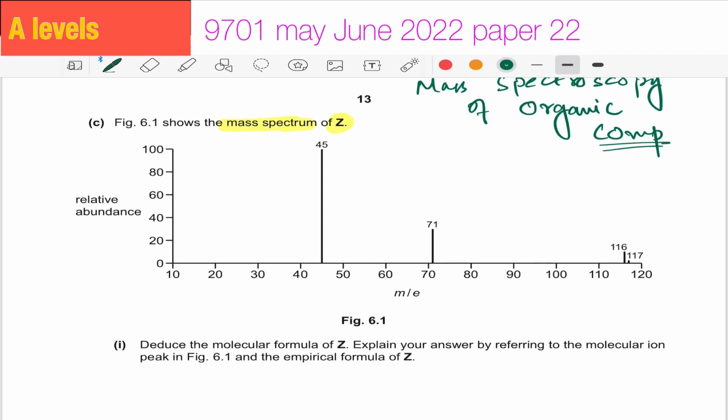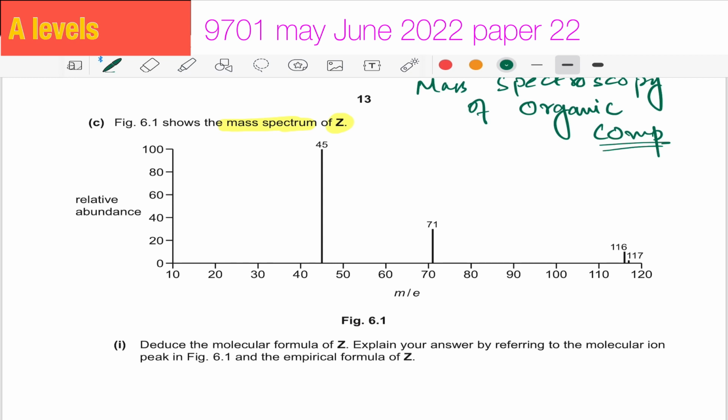What happens is that Z gets ionized and passes through the mass spectrometer, and due to fragmentation some of the molecular ions break, and we get these peaks when the molecular ions and fragments hit the detector.